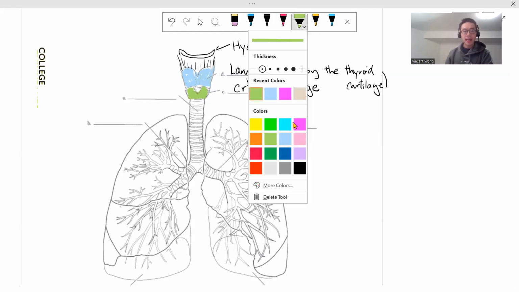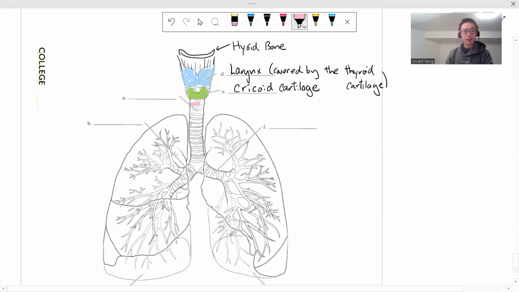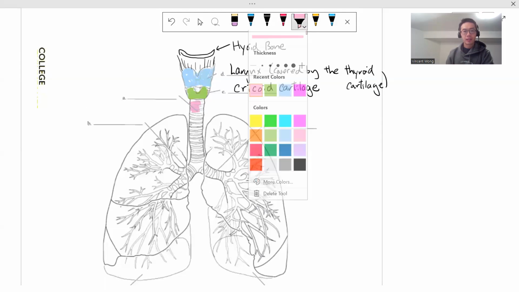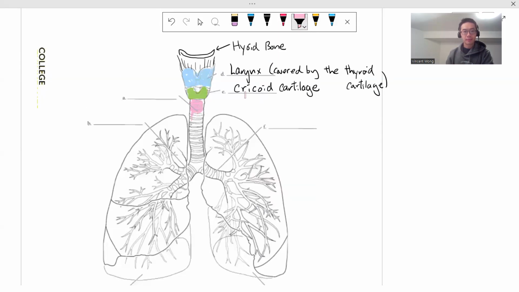All right, moving down, we have the trachea again, right here. Okay, they are protected by cartilage rings.